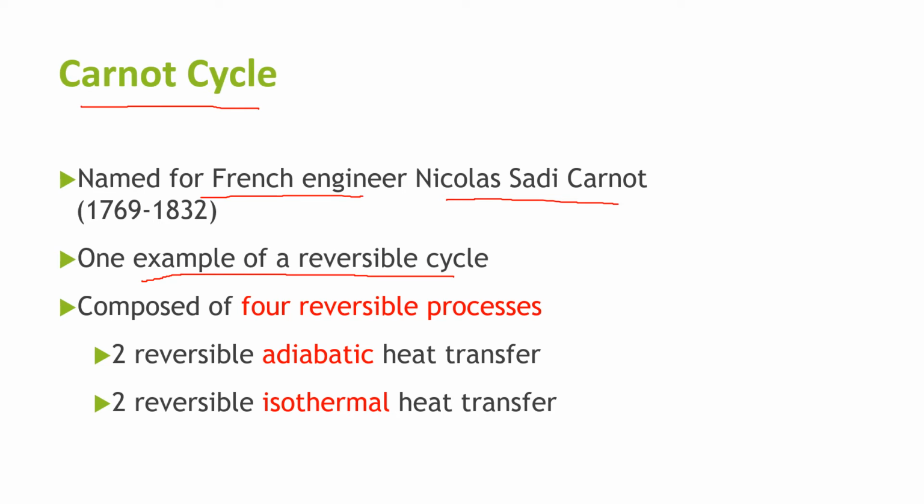The cycle is composed of 4 reversible processes. 2 are adiabatic, which means no heat transfer, and the other 2 are isothermal heat transfer, that is, processes at the same temperature. We will learn more detail on the Carnot cycle later on in part 5.